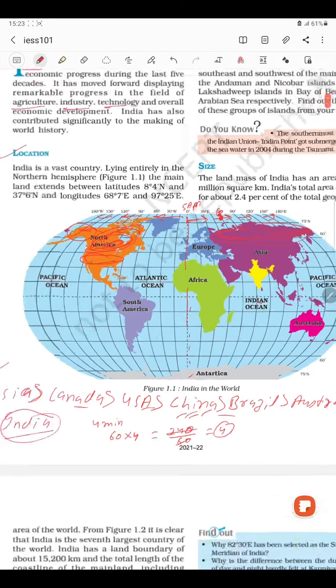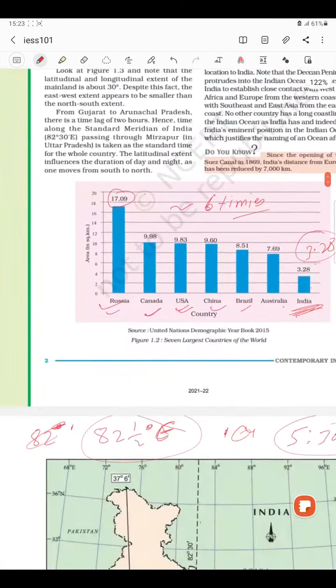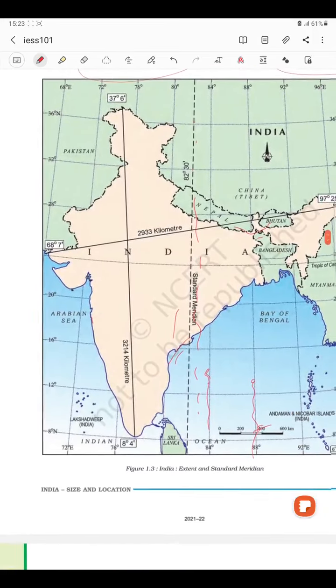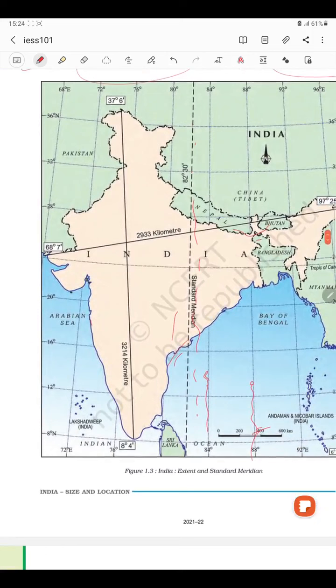So India considers 82 and a half degrees east as the standard time, which is how much ahead? 5.5 hours.